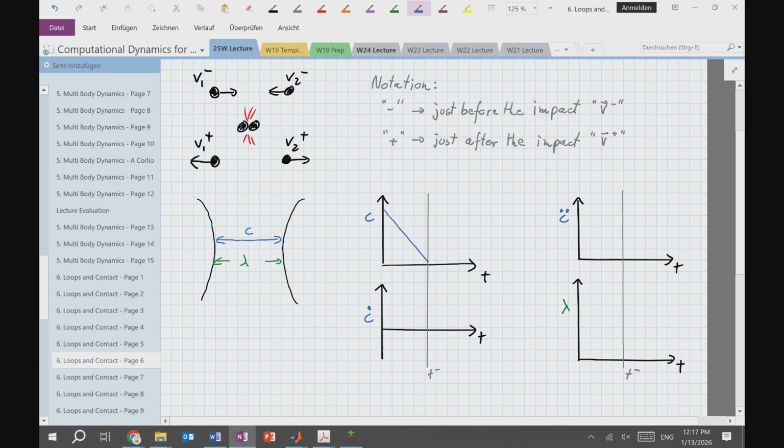There's no other forces acting on them, so they will move with constant velocity. The contact distance is getting smaller and smaller. This is why my c dot is negative, but there's no acceleration, so I have a constant velocity and a 0 acceleration. And before these two bodies are in contact, of course, there's going to be no force, so there's going to be a lambda of 0.